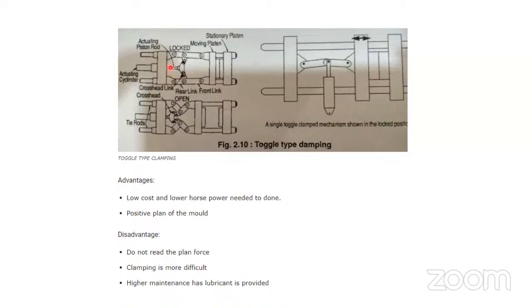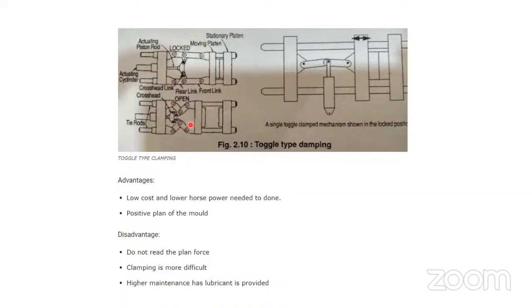If now this pivot with the cylinder goes, the piston goes in the backward direction, what will happen? This will make a V structure here like this, and here also a V structure like this. See, this is the open condition of the mold. This is the closed condition of the mold.